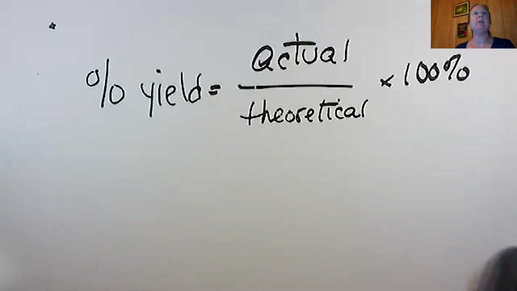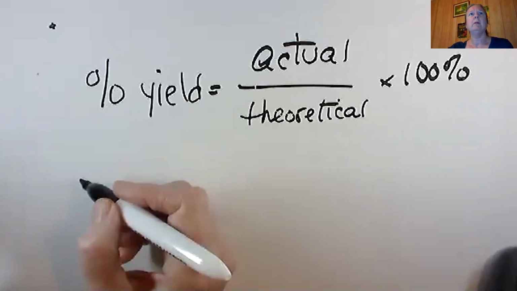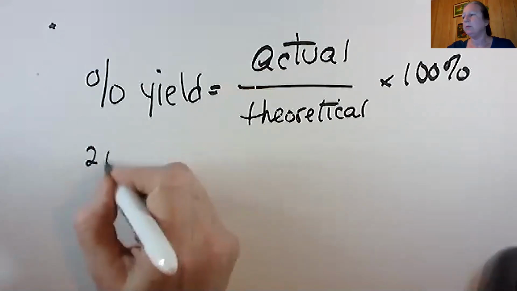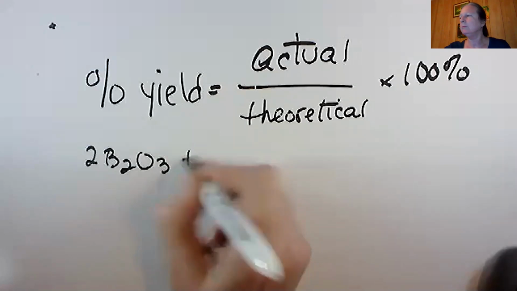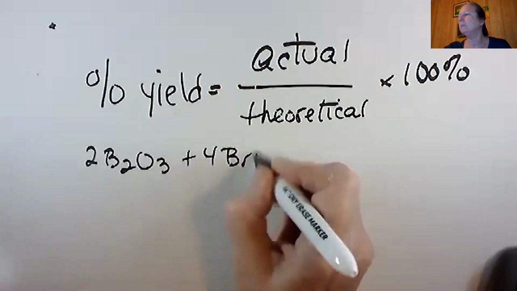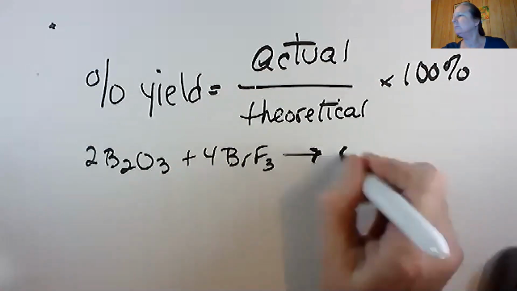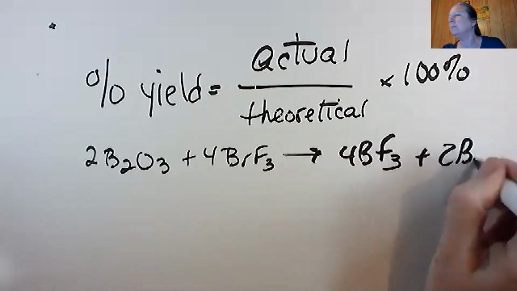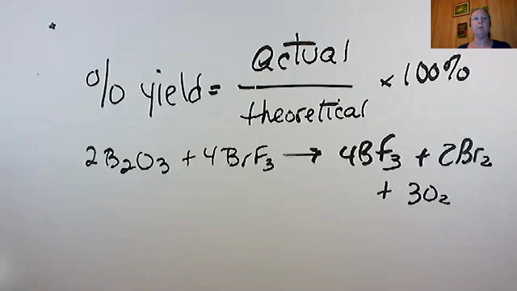The first one, and I think I went over this in class, has this reaction equation, and we calculated a yield of this.